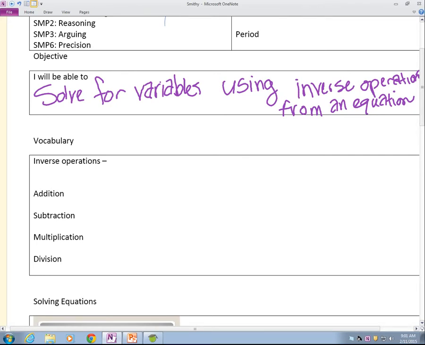Some of them I'm going to be pretty lenient on, okay? Remember, birds of a feather flock together. Where did the variables go? Oh, yeah, okay. Variables cannot disappear. Good question. That's a 4x times the quantity of 3x plus 12.